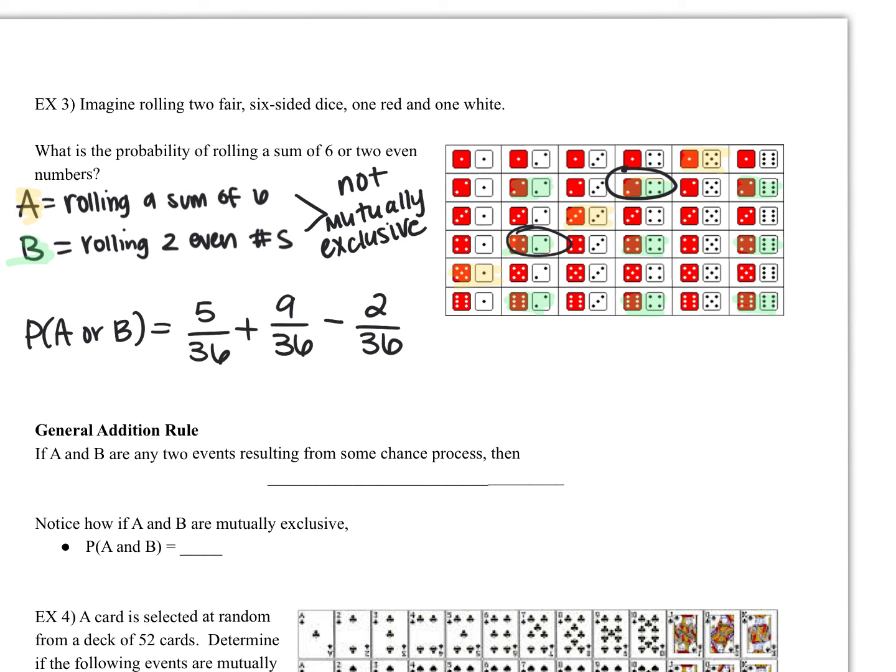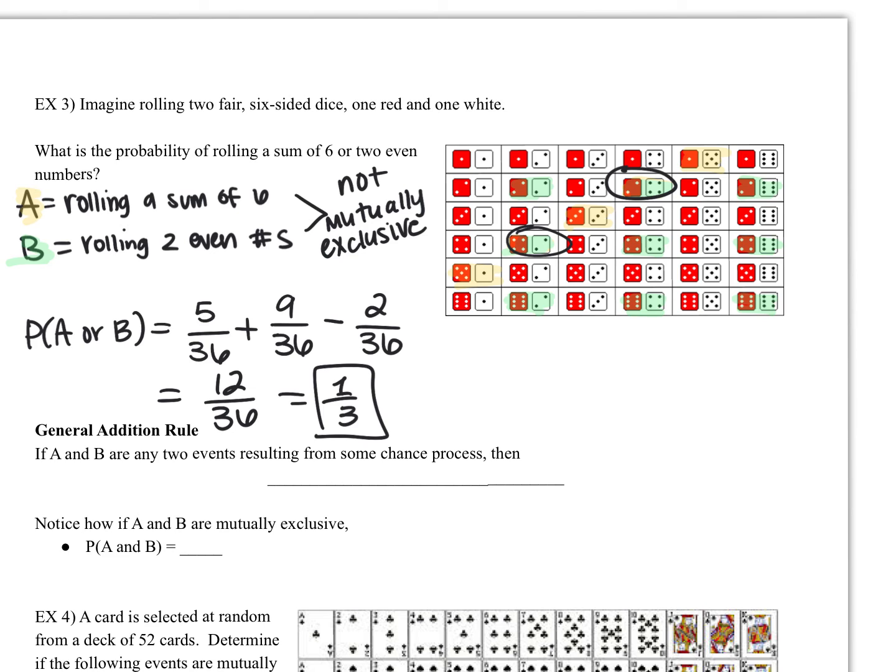So I subtract them. So 9 plus 5 is 14, minus 2 gets us 12 over 36, which can simplify. And we get 1 out of 3. So that's one method. The second method is if we look at our table and we just found the number of outcomes that are either rolling a sum of 6 or 2 even numbers, we could have also counted the outcomes.